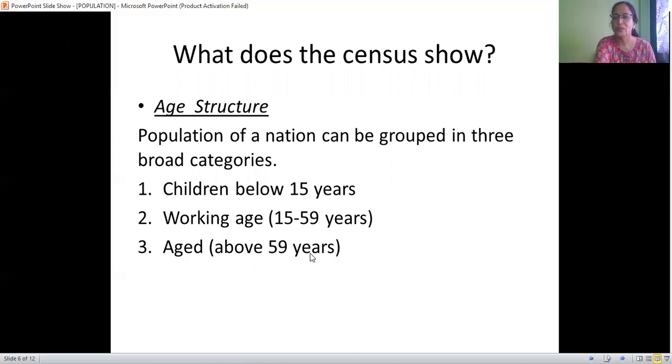Even the agricultural laborers and the construction workers also come in this group. They continue to do their work as long as it is physically possible for them. But in old age, they are dependent on others, and when they need support, they depend on others.